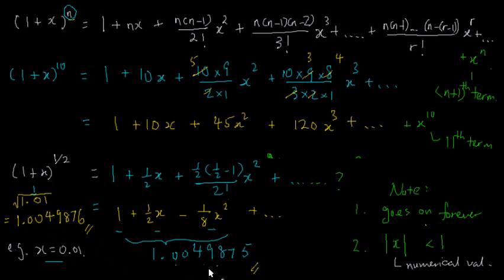I've written down 7 decimal places, or 8 significant figures, including the 1. And they all agree except for the last figure, which is 6 here and 5 here. All the other figures agree. So you can see that I get very good agreement between the two just by taking these three terms.